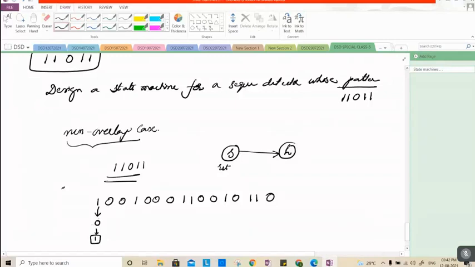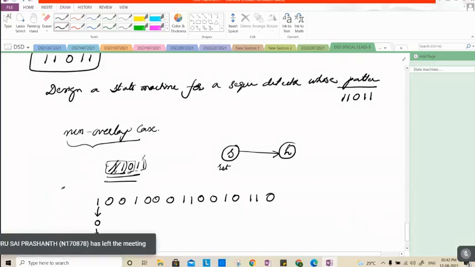So 1 has come. What is the next input that is expected? It expects that the next is also 1. Then if the next value is also 1, it is going to expect a 0. Then after that 1, next after that 1, and finally output will be generated as 1.